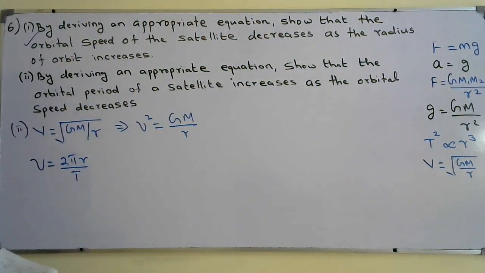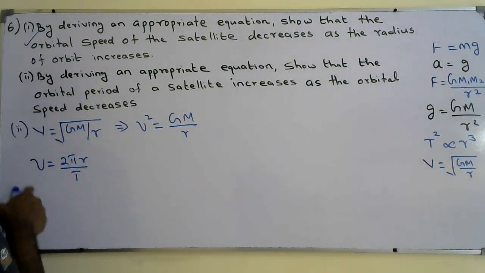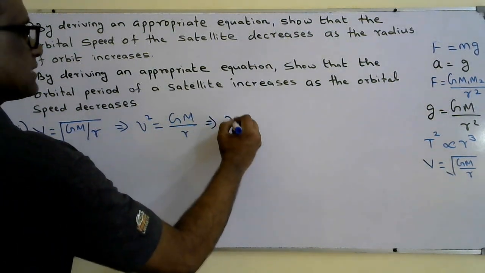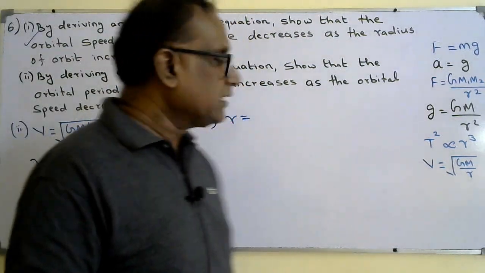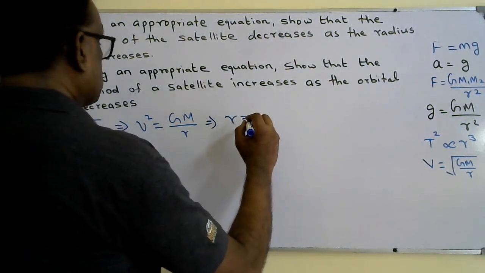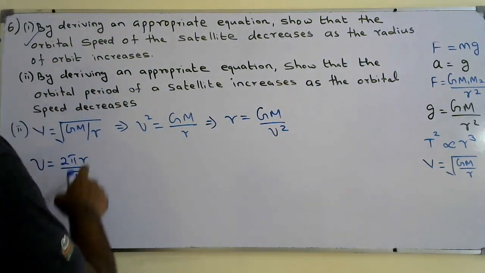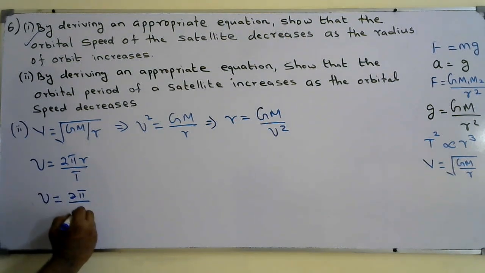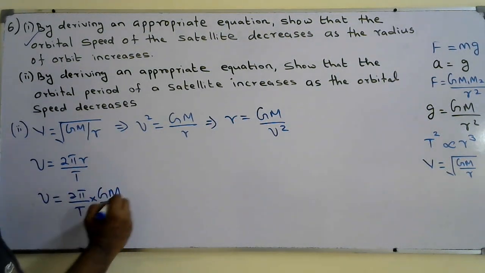So from this I would eliminate the r, because the second one is some relation between speed and the time period. So I'll substitute r in terms of v. So r is going to be GM over v squared. Substitute that here. So v is going to be 2 pi over t into, instead of r, GM over v squared.